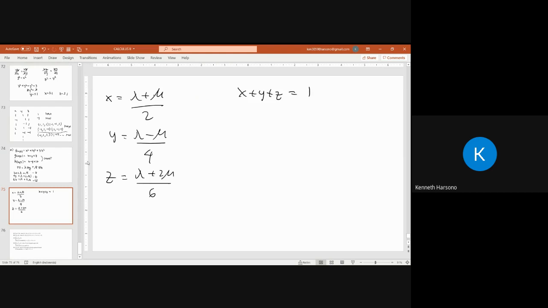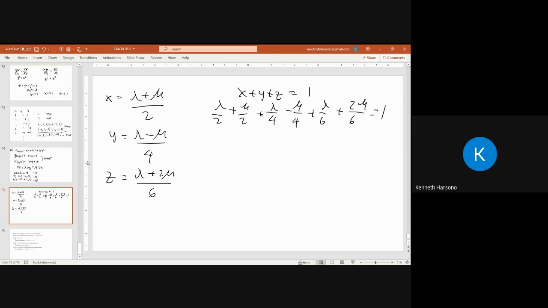We can substitute x, y, and c here. So this one is lambda over 2 plus mu over 2 plus lambda over 4 minus mu over 4 plus lambda over 6 plus 2 lambda over 6 is equal to 1.